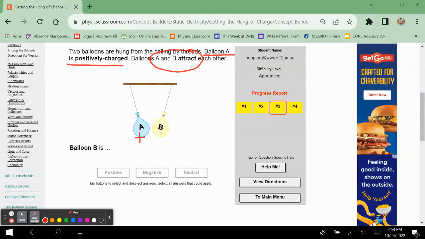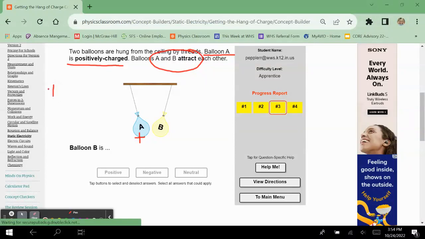So, some key things you need to consider when you're doing this concept builder: like charges repel. So positive and positive, those would repel. Negative and negative, those would repel. Okay. Opposite charges attract.